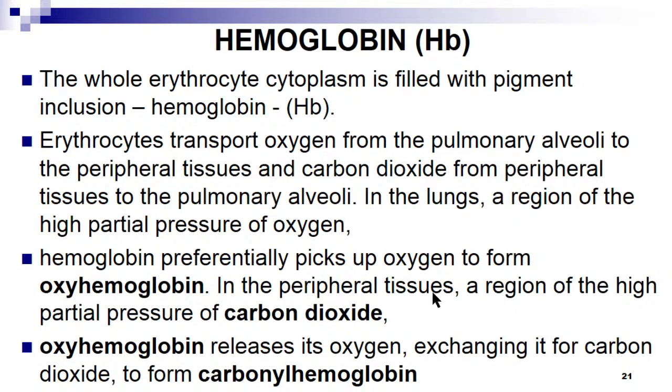In the peripheral tissue, oxyhemoglobin releases its oxygen, exchanging it for carbon dioxide to form carbaminohemoglobin.